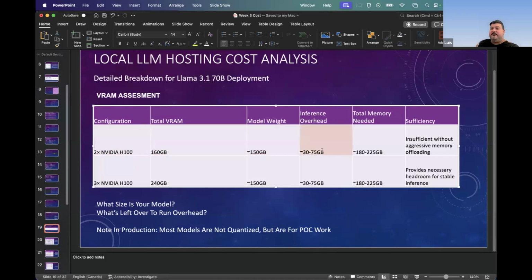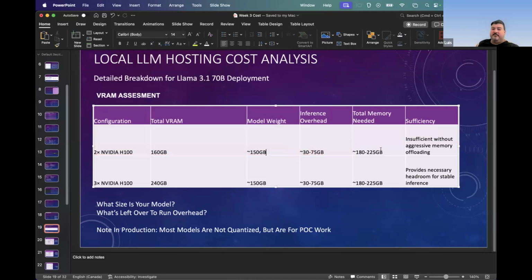But you need to think about inference and overhead. It's not enough just to host and load the model on your GPUs. You also need space to run inference. And inference, what I mean by inference, is actually asking questions to the model. It needs space to process, to look at it and run through the transformer and come out.